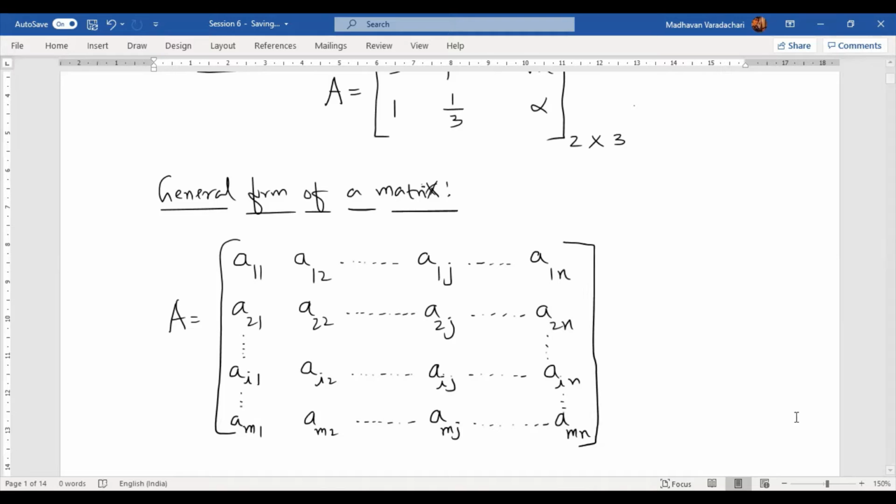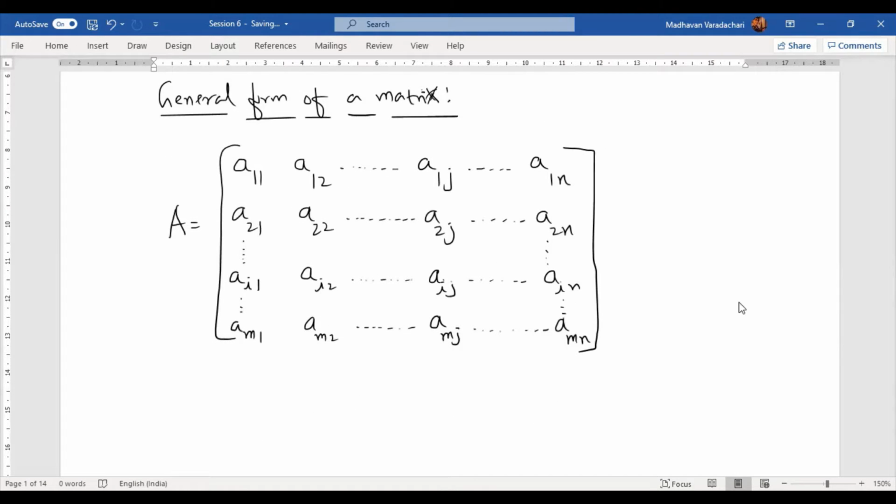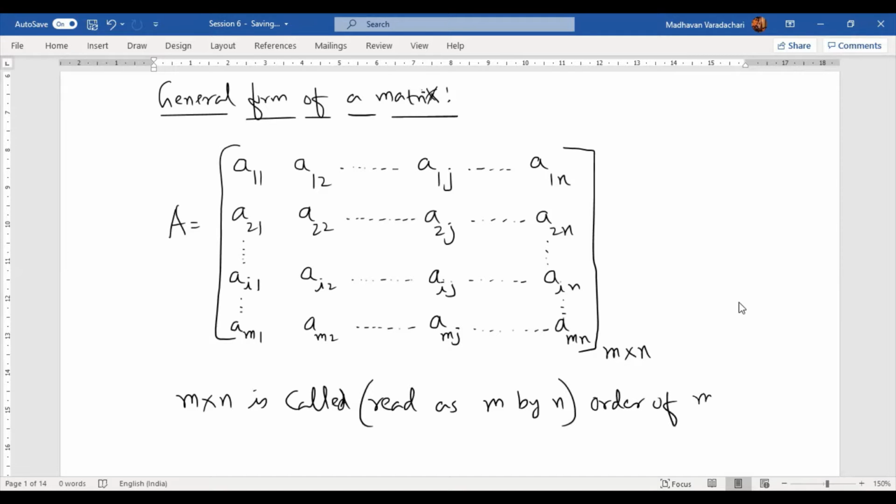So as we had already seen, this particular matrix has got m rows and n columns. This m by n is called the order of matrix.